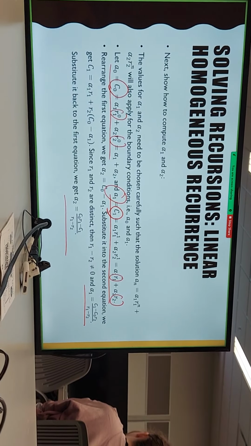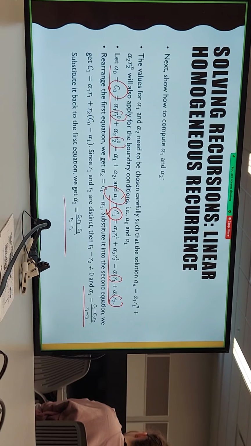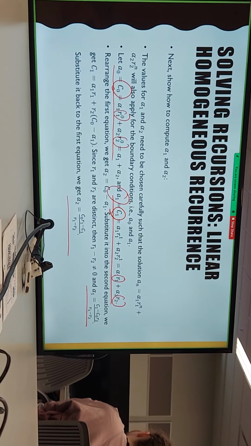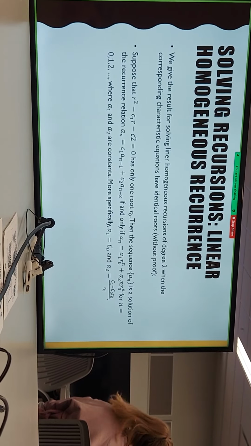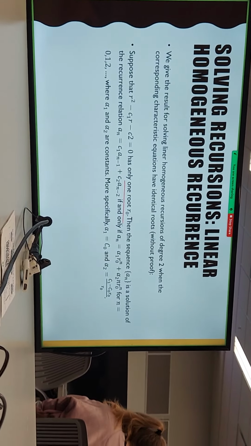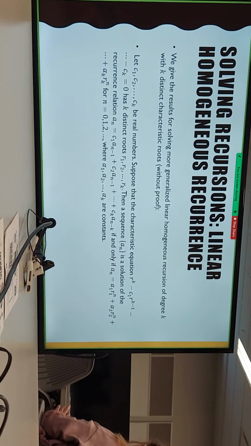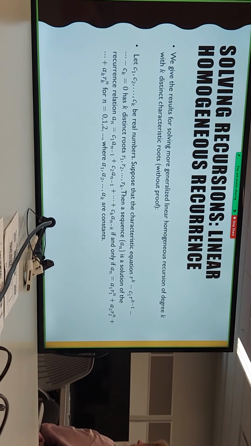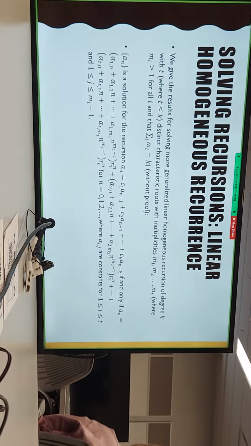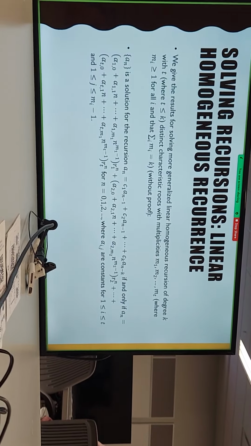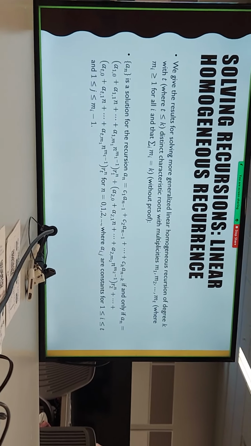Any questions? The rest is: if you have only one root, what's going on, and if you have more than two roots, a more generic degree k, what will happen? Those are equations you can use for solving linear homogeneous recurrences.